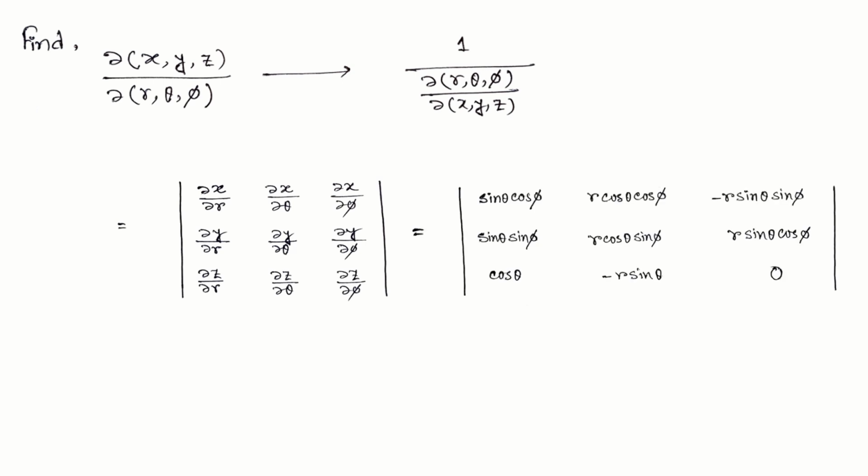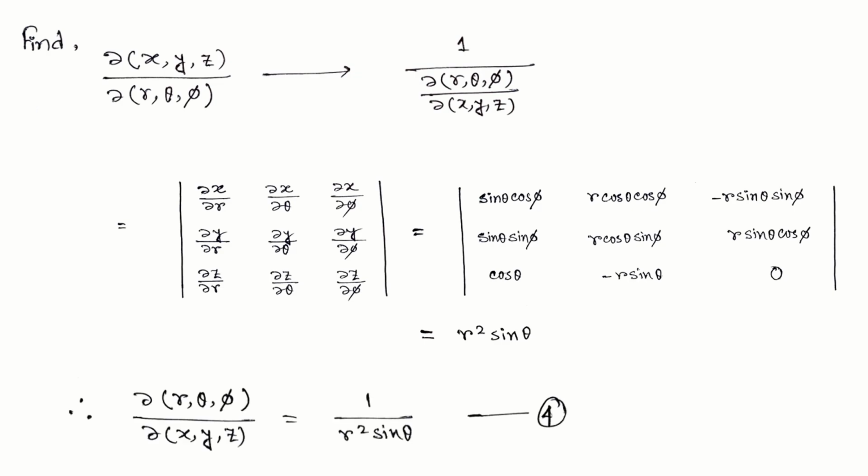After calculating this, you will get this type of determinant, and if you solve it, the result is r squared sin theta. So this thing is done, and in equation 4 we have written it in the form of del(r,theta,phi) by del(x,y,z). So we have basically inverted the result.